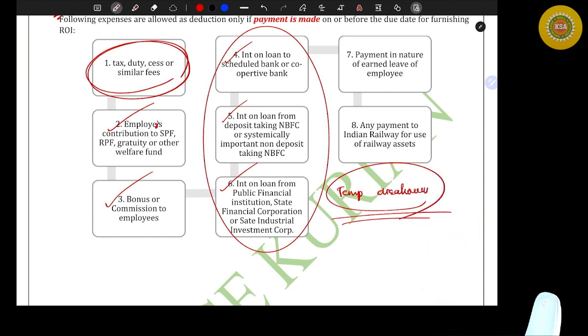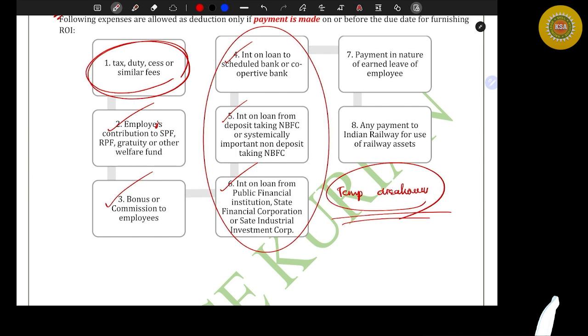Yes, sir. And point number 5, KS Academy has taken a loan from NBFC. Then they can claim that interest as a deduction only if you actually make the interest payment. That's it. And what is point number 6? KS Academy has taken a loan from public financial institution or state financial corporation or state industrial investment corporation.